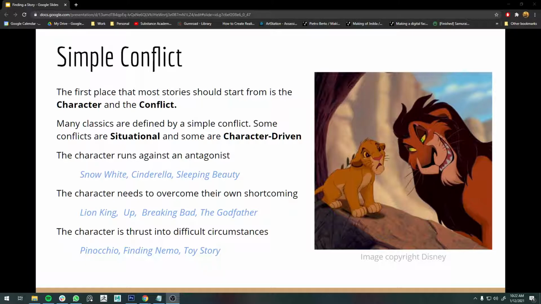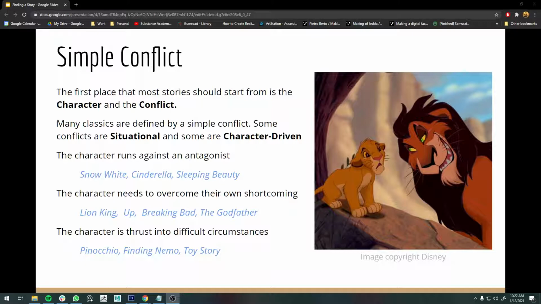So, for instance, in Cinderella, we have the evil stepmother, right, who is keeping her in a miserable life. In Sleeping Beauty, we have Maleficent, who is the villain. In another type, that would be situational.